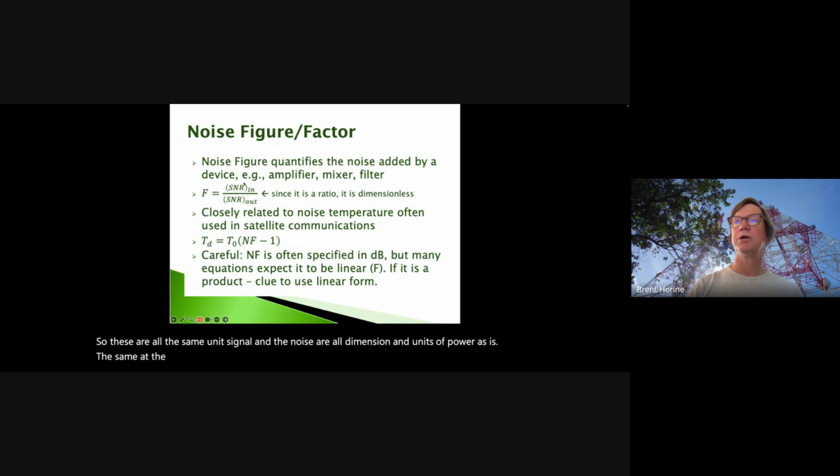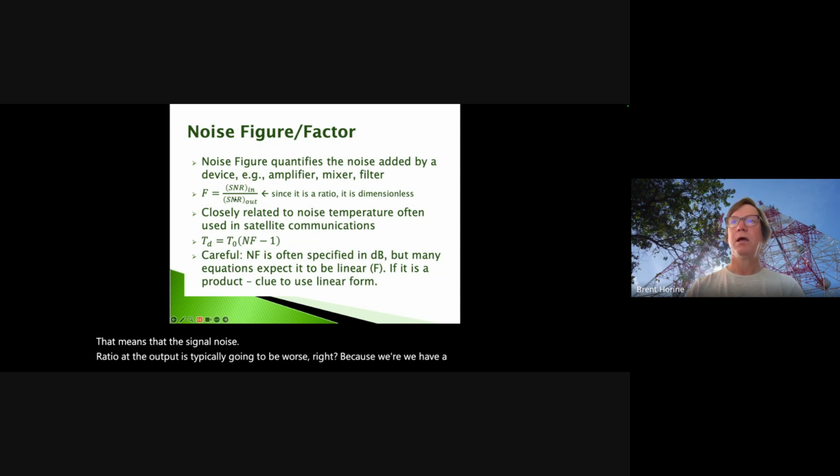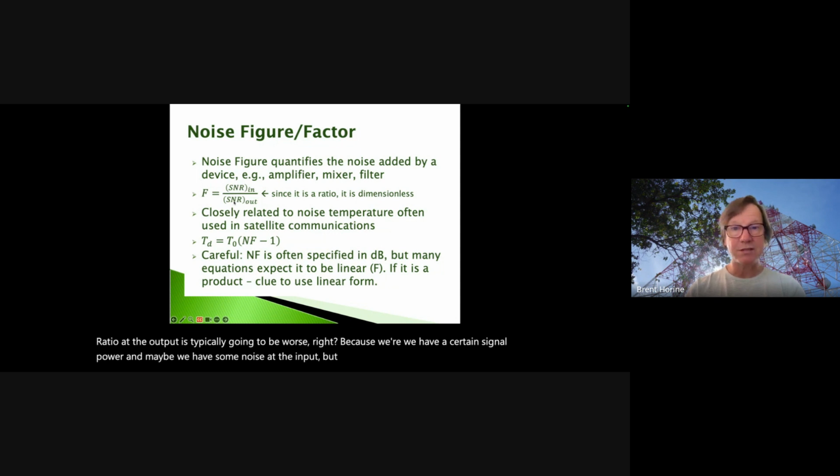So basically, we're looking at the signal to noise ratio at the input, and then the amplifier adds a little bit of its own self noise and amplifies it, and that means that the signal to noise ratio at the output is typically going to be worse, right? Because we have a certain signal power, and maybe we have some noise at the input, but then we add some noise at our own input stage, and then we amplify it.